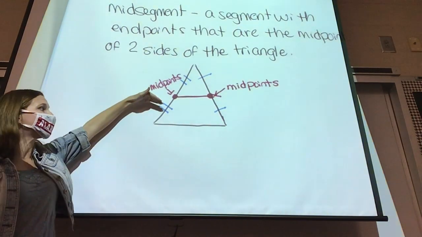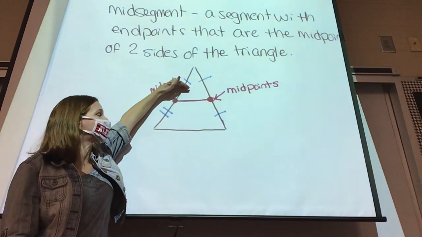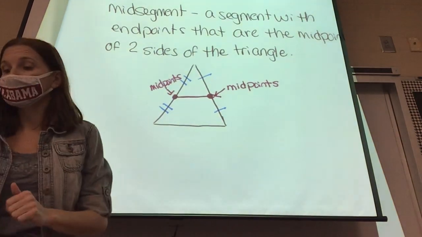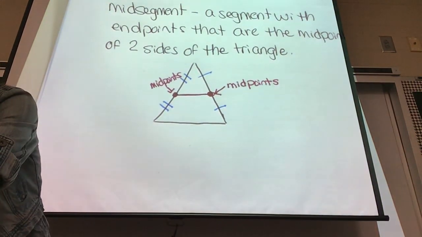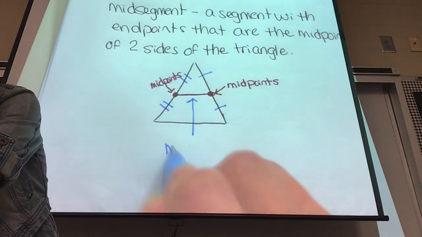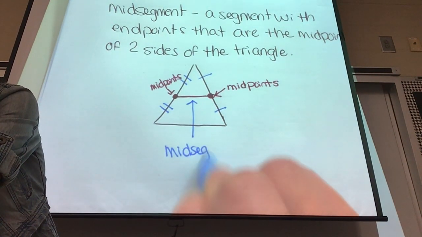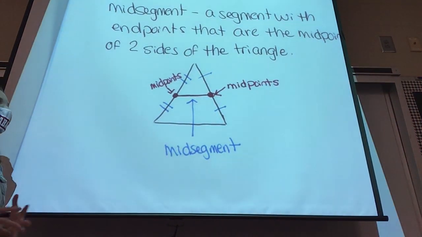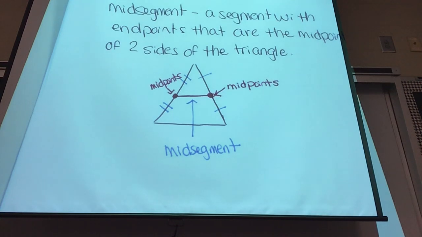All I can tell you is that this piece is equal to this piece, and this piece is equal to this piece. That's all I can tell you at this point. And of course, the line through the middle is your mid-segment. So when that mid-segment comes through, it creates the midpoints on each end that now divides each side of your triangle into two congruent pieces.